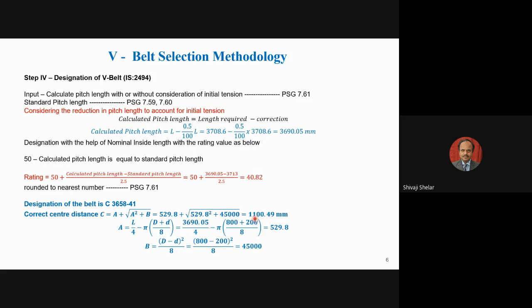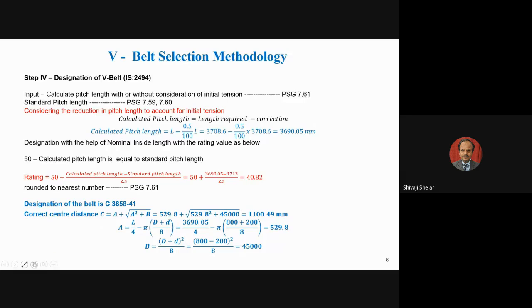So 1,100 mm plus or minus 10 mm center distance has to be fixed. Otherwise, your drive will not work properly. So this is regarding the designation of the belt and the correct center distance. We have identified the designation of the belt required for the problem as well as the correct center distance.